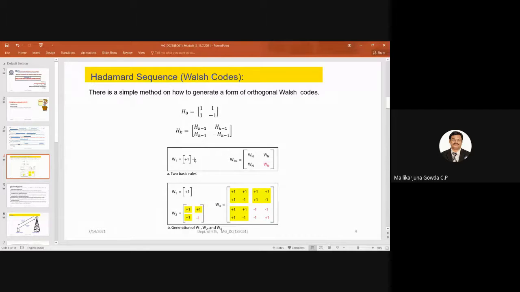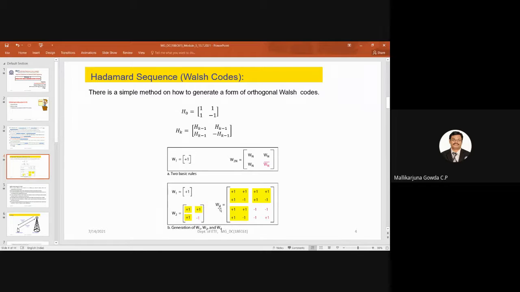So with one element, I get this. These are the two basic rules: W1 is +1, and W2n is Wn, Wn, Wn, and the complement of Wn. Based on this, it is replicated for different values of n. When W1 is written as +1, then W2 will be +1, +1, +1, and the complement of Wn, which is -1.